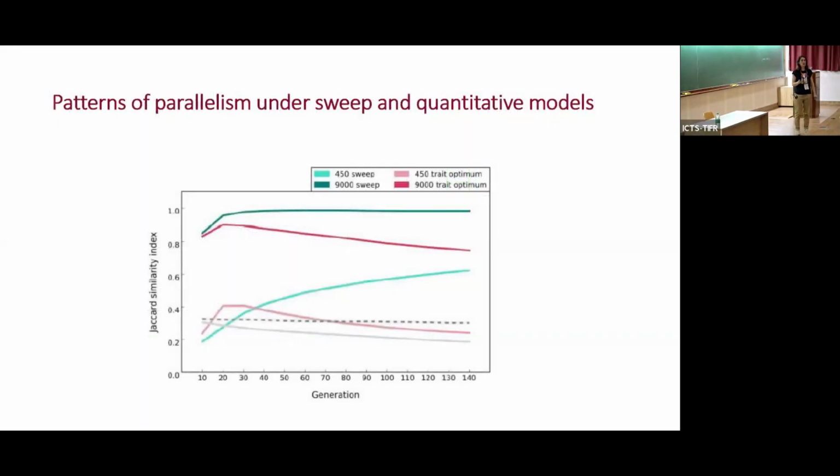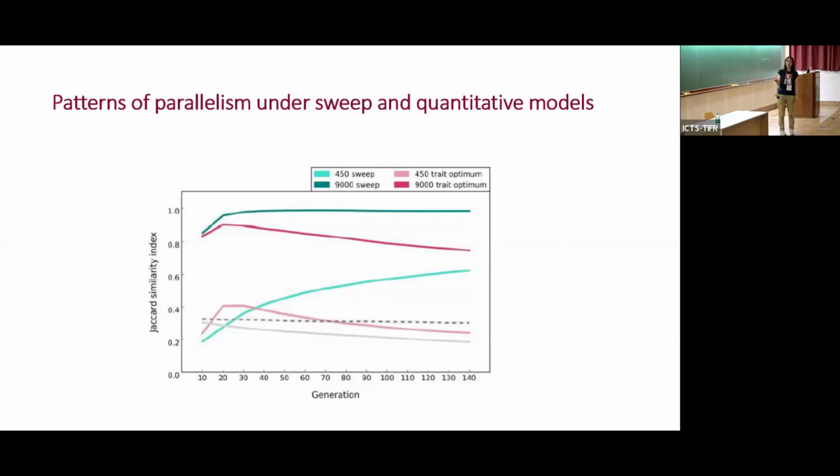And another parameter that we can use to find these patterns of adaptation is the level of parallelism. Basically, this is similarity between two independent replicate populations. So you don't really need to look at the green ones, these are the sweep simulations. But the purple or red ones, the dark one, are from a large population, and the pinkish one is patterns of parallelism in a small population.